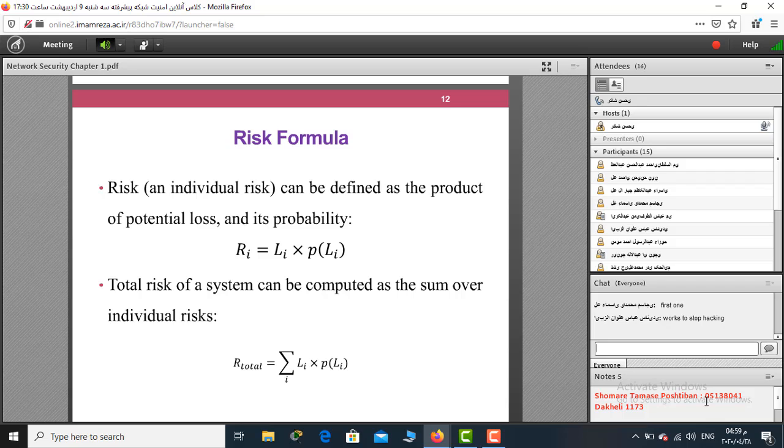R sub i means risk number i, because we have several risks. For example, risk number i is equal to L_i times P of L_i. What's the meaning of L here, you think?